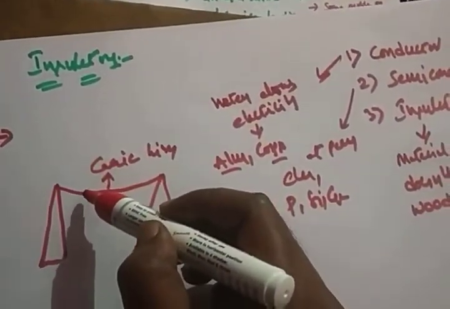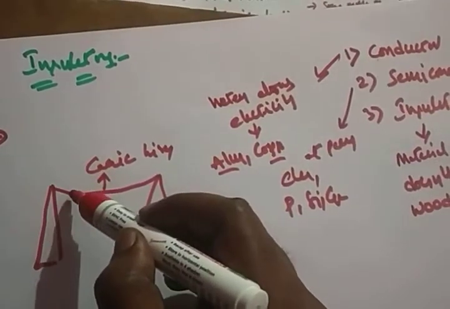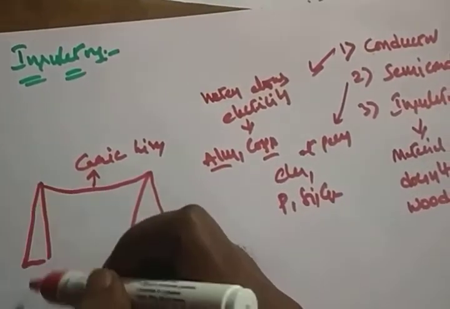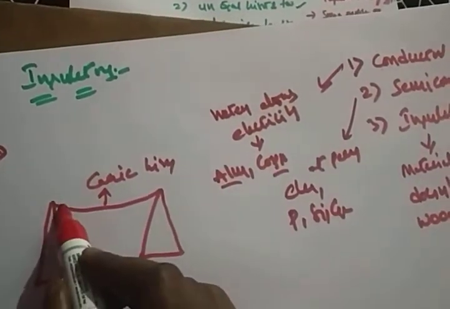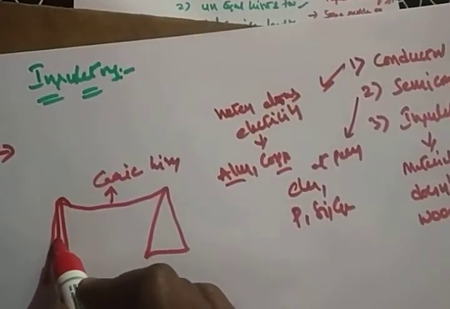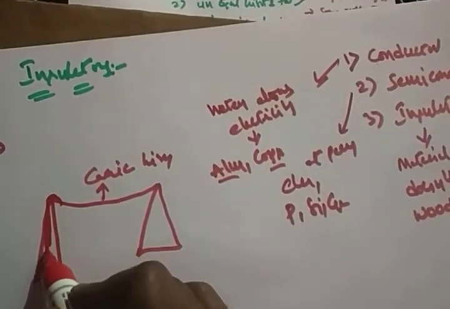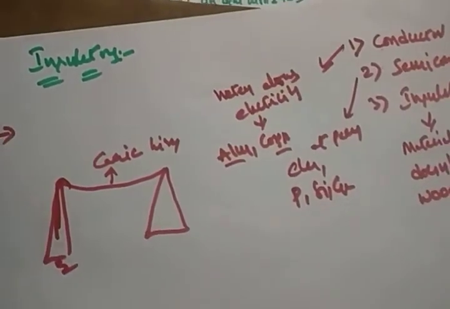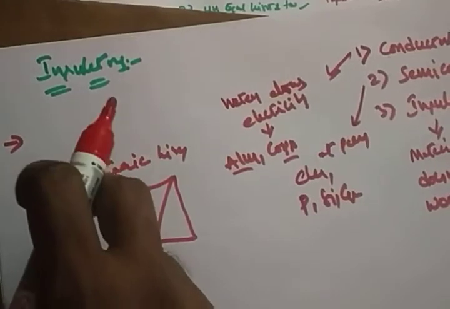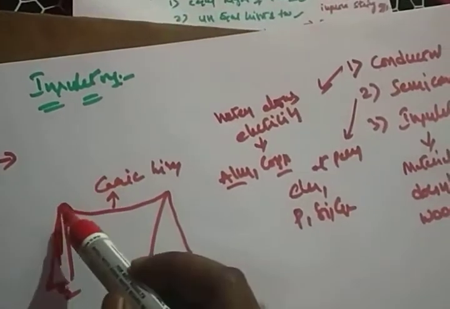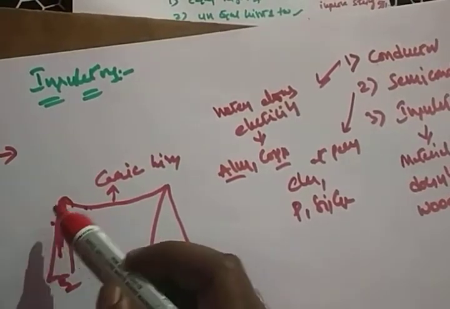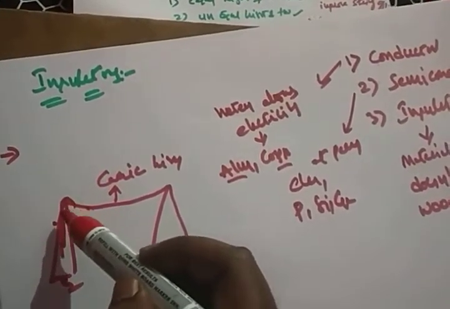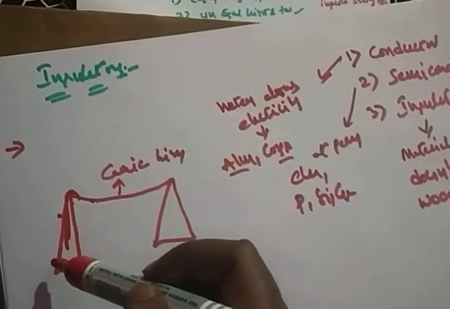If this transmission line is directly connected to the transmission tower supporters, what happens? The leakage current will flow through the conductor, through the towers, and enter into the earth. Definitely it will be very dangerous. If the transmission line is directly connected to the tower, current will automatically flow through the tower to the earth.